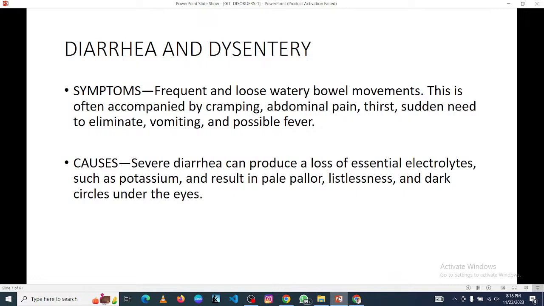Dysentery. The simplest way I can put it is diarrhea that has graduated, or chronic diarrhea. It normally comes with some bloody stool. Diarrhea and dysentery are normally bacterial infections.